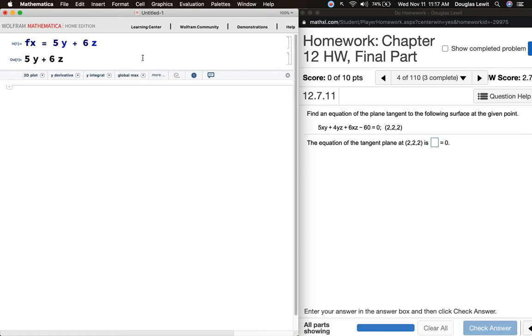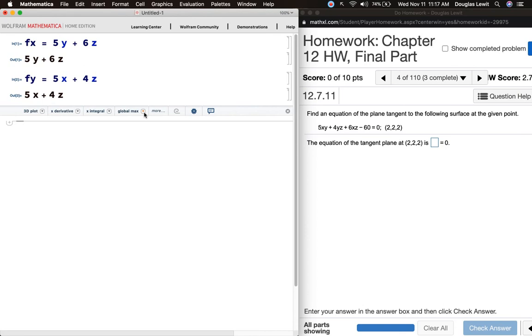There are different ways to define things in Mathematica. And the partial derivative with respect to y is going to be 5x plus 4z, and 6xz from the point of view of y is going to be a constant, and of course minus 60 is always a constant. Okay. And the partial derivative of f with respect to z is going to be 4y plus 6x.